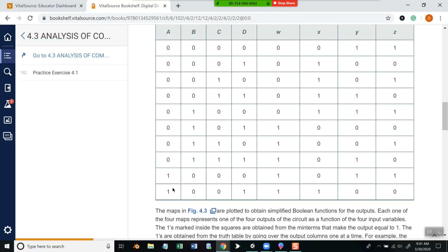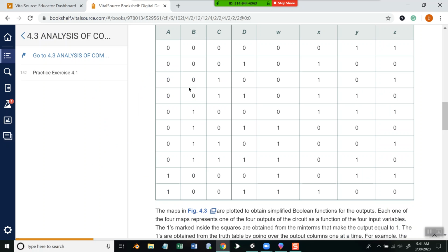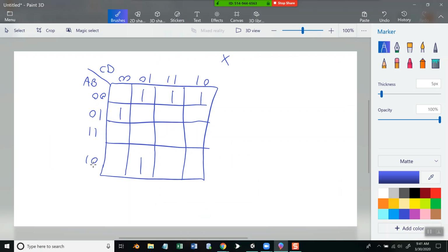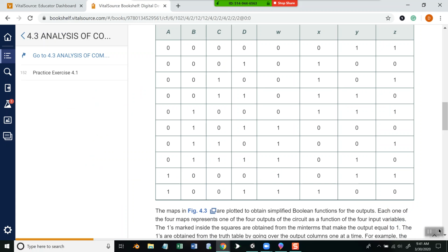I see. The reason why is because this does not have all the values associated with it. Like my next one, if I were to build this table, would be 1 0 1 0, 1 0 1 0. Let's see if that's right.